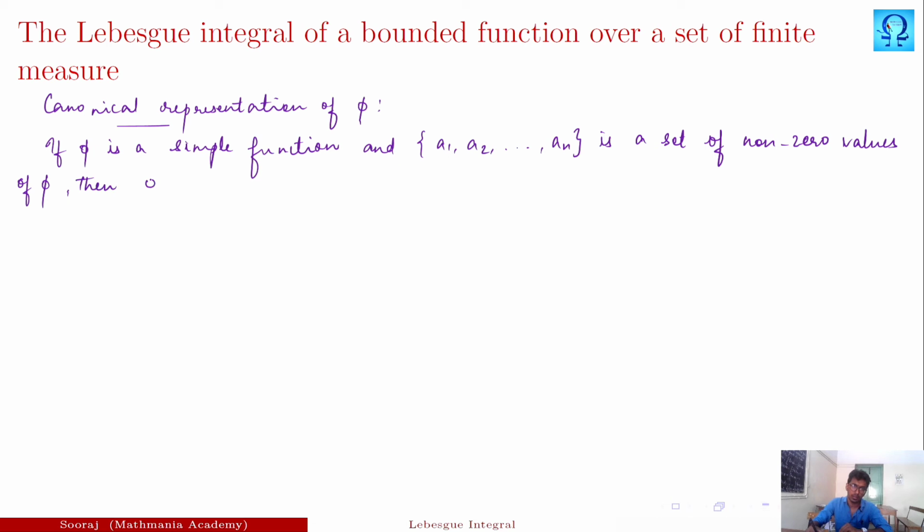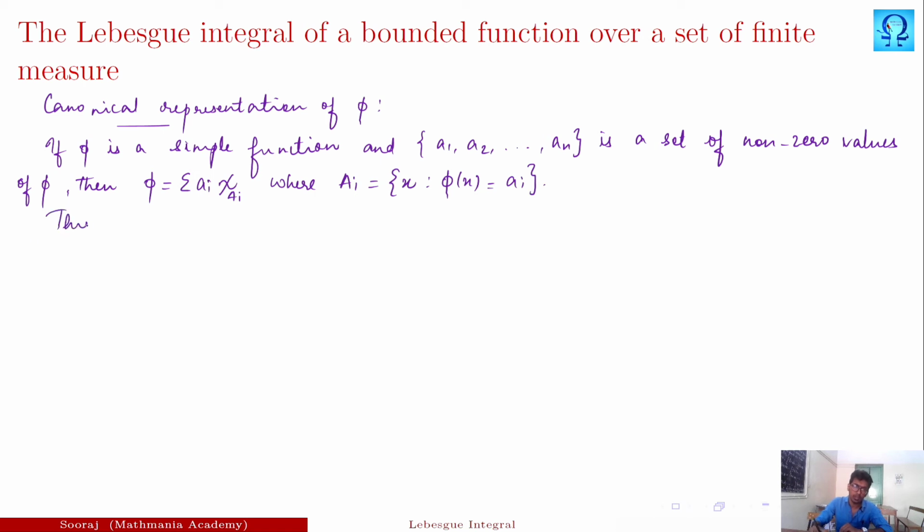Then this phi may be written as summation ai chi Ai, where the big Ai is the collection of x such that phi of x equals ai.